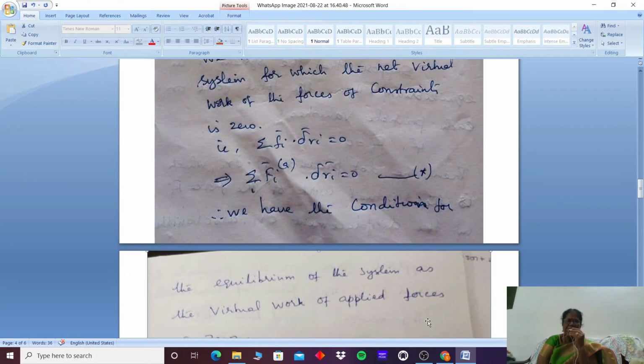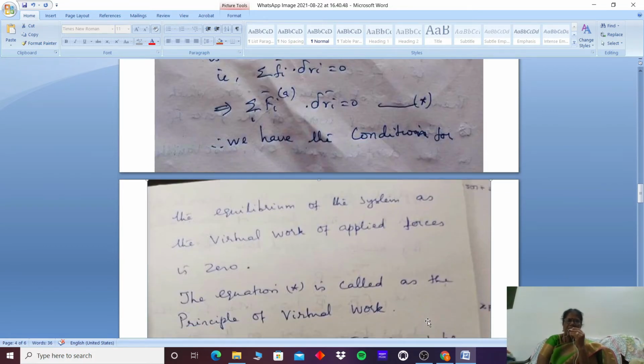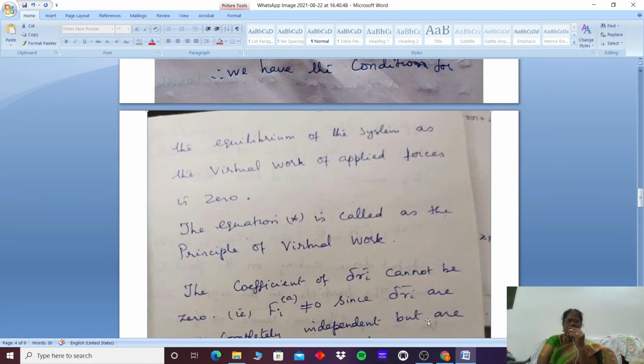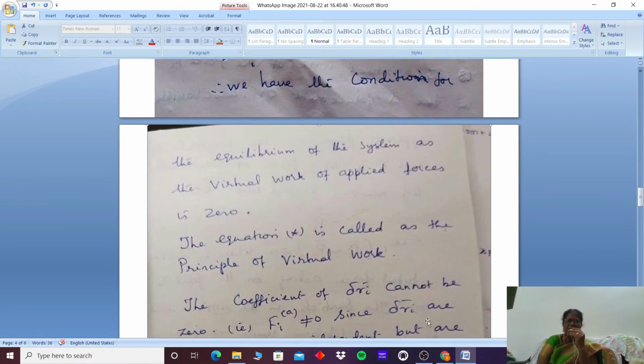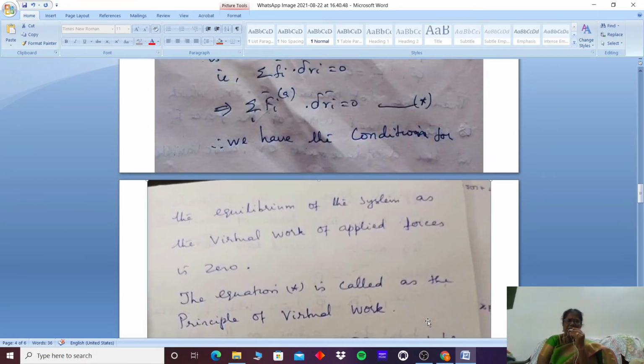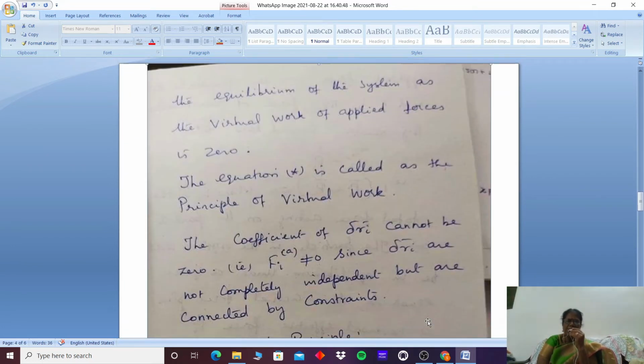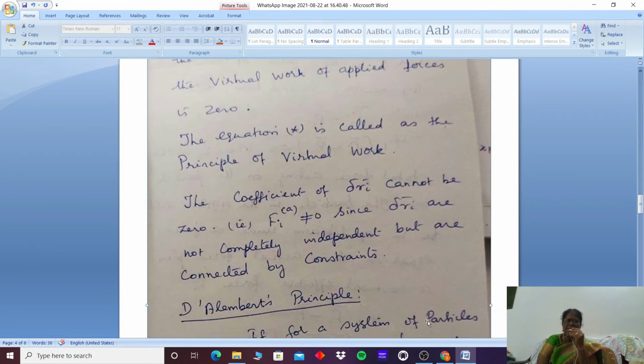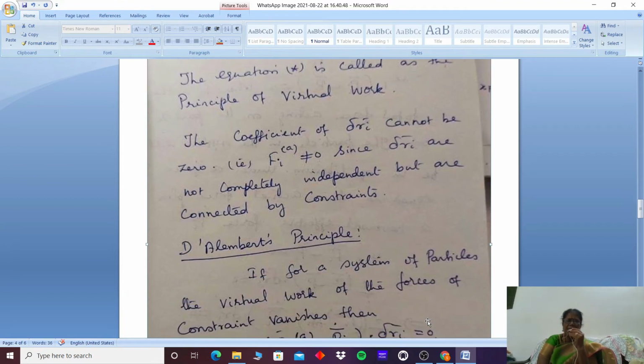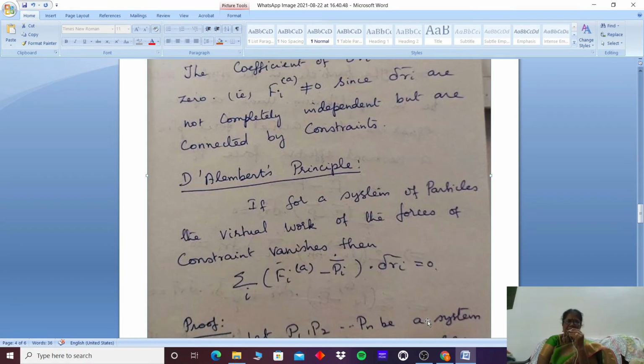So we have the condition that for the equilibrium of the system, the virtual work of the applied force is 0, that is, sigma over i Fia dot delta Ri equal to 0. This equation is called the principle of virtual work. Whereas the coefficients Fia cannot be 0 just because of this, because delta Ri are not completely independent but are connected by the constraints.